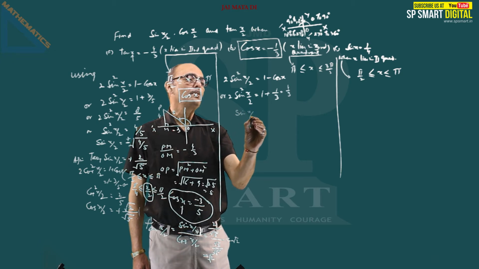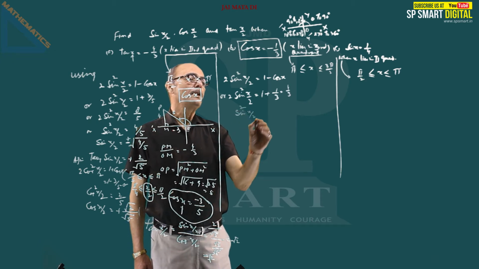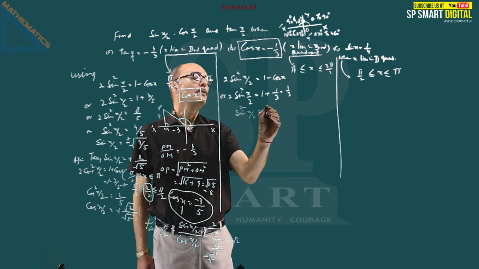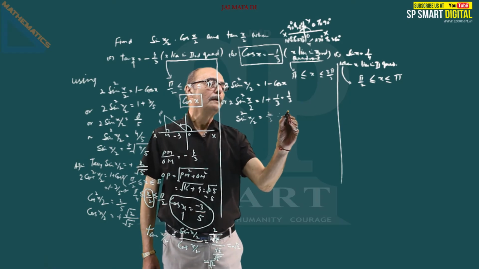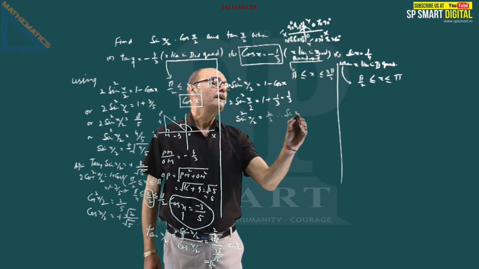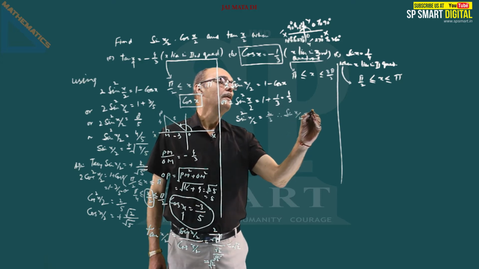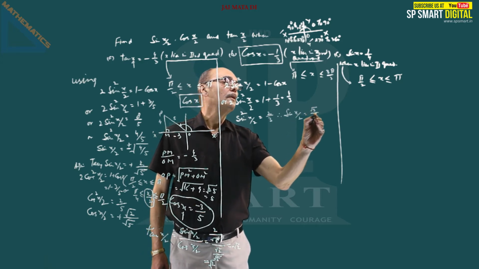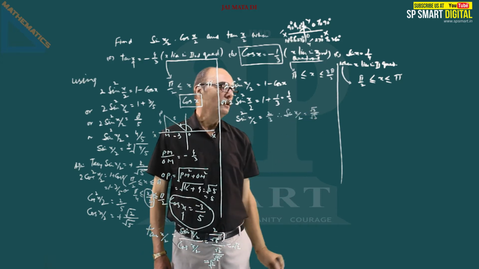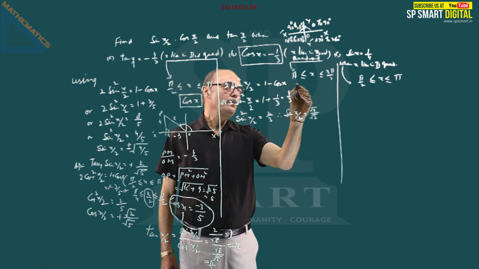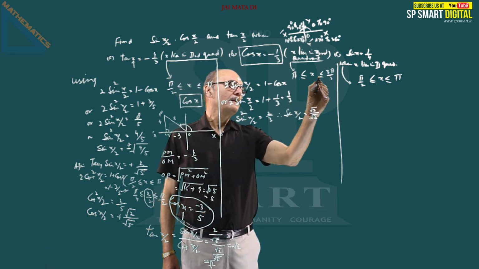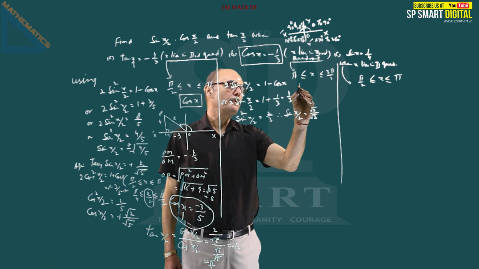Sin of x by 2, of course square of this equal to 2 upon 3. Therefore, sin x by 2 is under root 2 upon under root 3. Now let us see whether it is positive or negative. Pi by 2 less than x less than 3 pi by 2, divide throughout by 2.